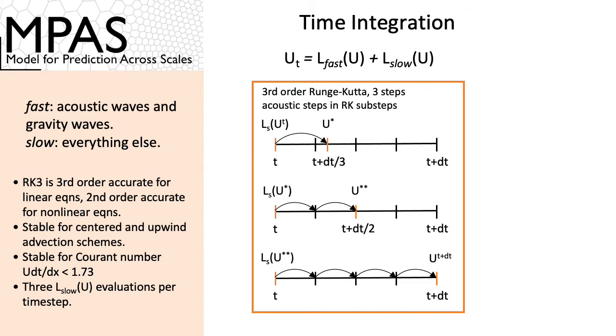So all of this technology is fairly well known, well understood, well analyzed, and has been used for a long time in models. So that is another time step that you can set within MPAS. It's the acoustic time step, or the small time step as we sometimes call it.